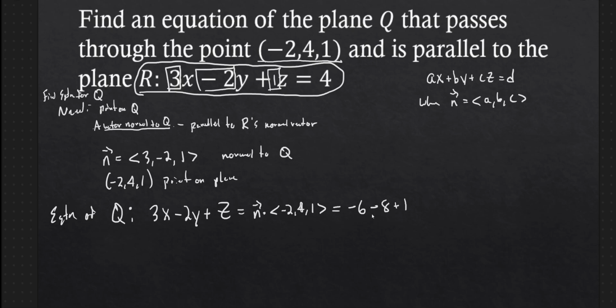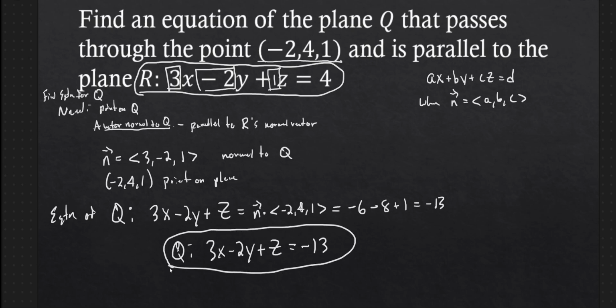So that's -14, plus 1, that's -13. So when all is said and done, the equation of my plane Q is 3x minus 2y plus z equal to -13. Pretty cool.